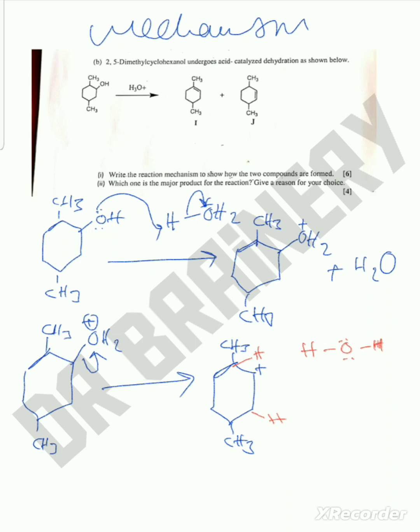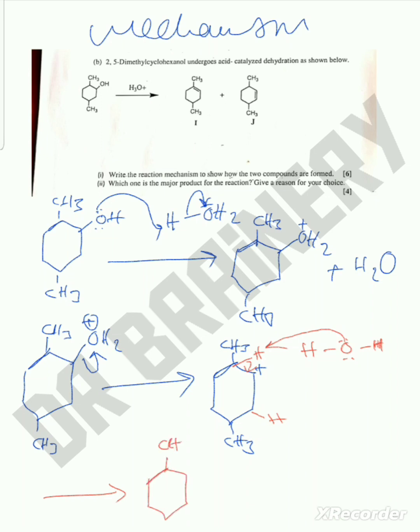So I'm going to get this and attack this, the less exposed hydrogen there. When I attack, this one will form a double bond there. So here the first product will be like this.